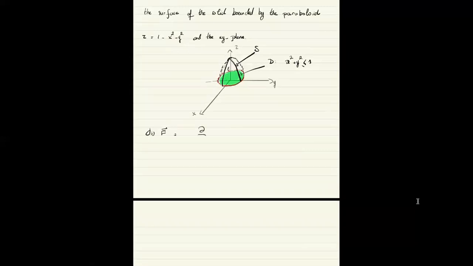This is going to be del x of 2x squared plus y cubed, plus del y of y cubed plus z cubed, plus del z of 3y squared z, which will be equal to, if you do the combination, 6x squared plus 6y squared, which is 6 times x squared plus y squared, right?